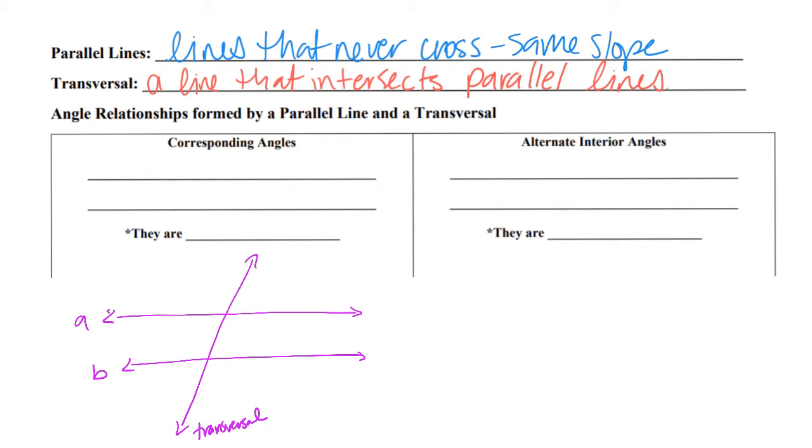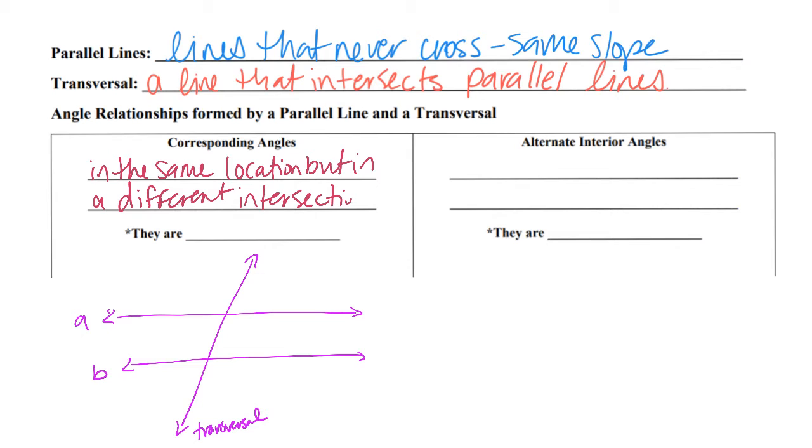So corresponding angles by definition are in the same location, but in a different intersection. And I'll tell you what that means in a minute. We're going to imagine these are roads.